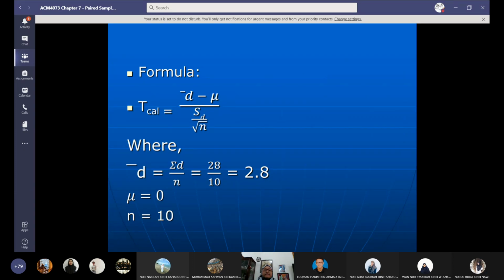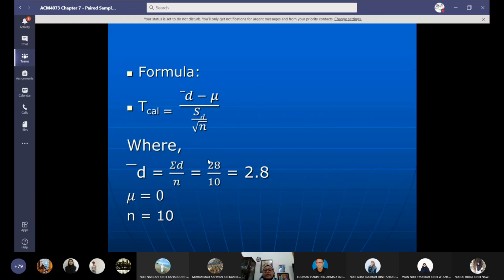Now this is the formula for T calculation. Here is the symbol of D bar, take away UD. UD is 0, N is 10. To get the D bar, the D with the line above, it is equivalent to sum of D divided by 10.